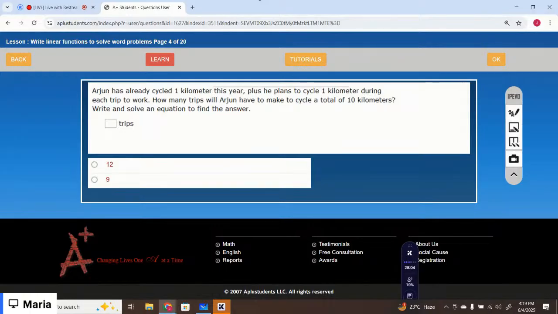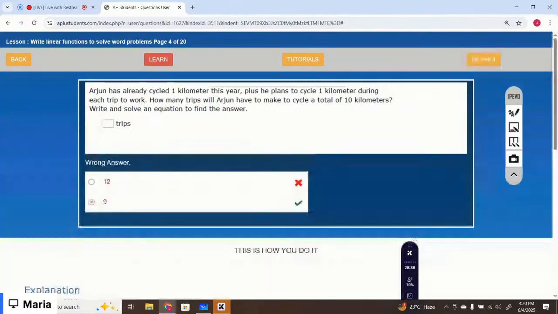Write and solve an equation to find the answer. So, which is the correct option?